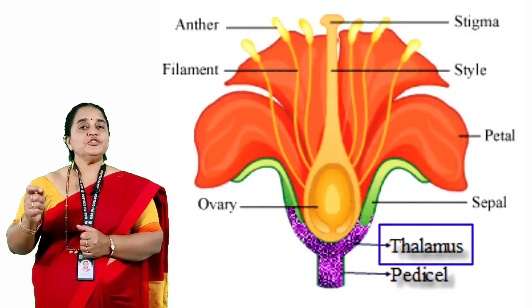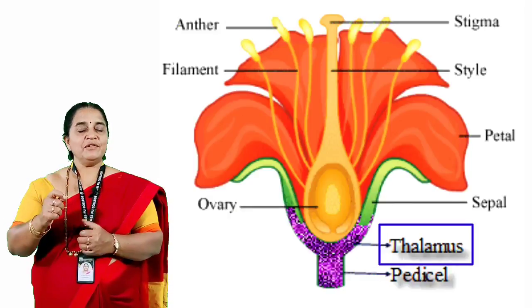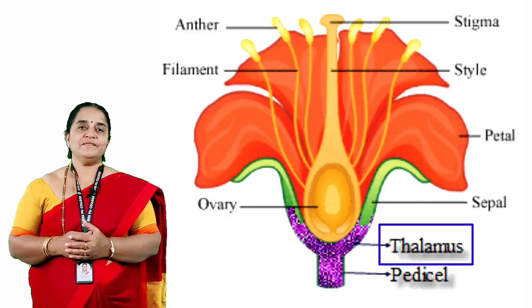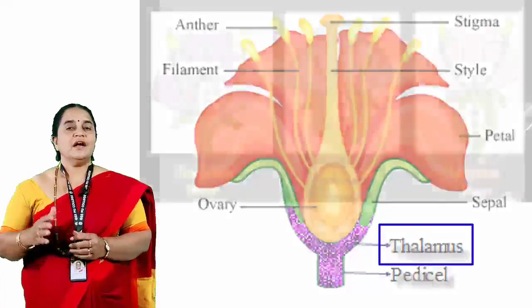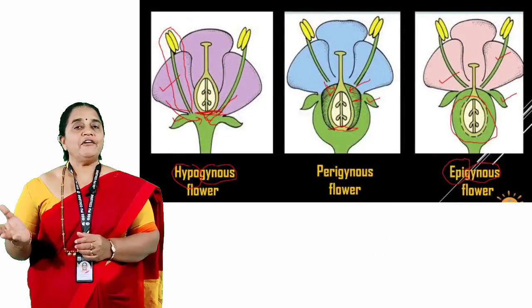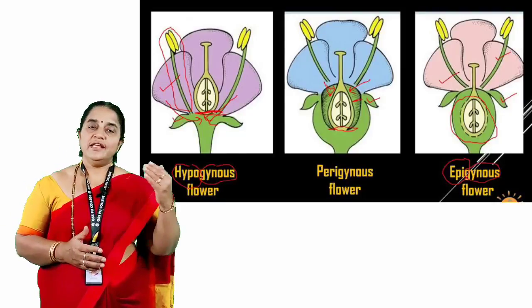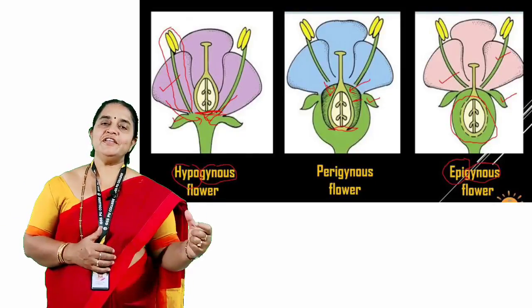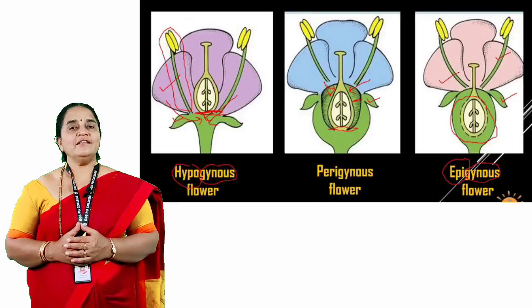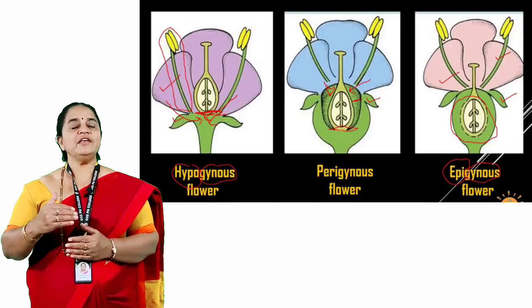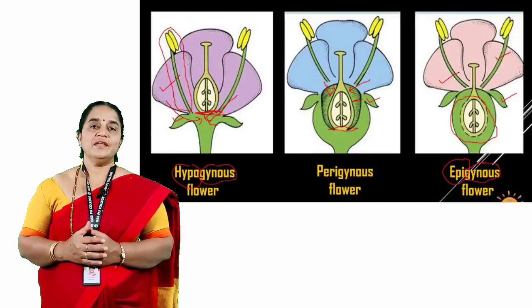Based on the insertion of floral whorls on the thalamus and the shape of the thalamus, 3 categories are made in the flower. Hypogynous flower has a superior ovary, epigynous flower has an inferior ovary, and a flower is said to be perigynous where the ovary is half inferior and half superior.